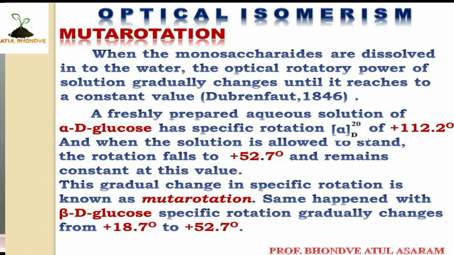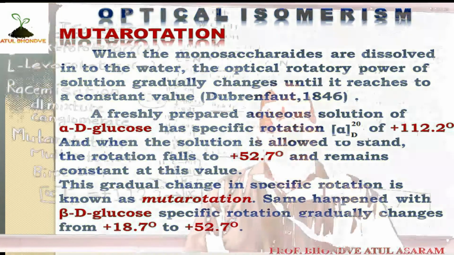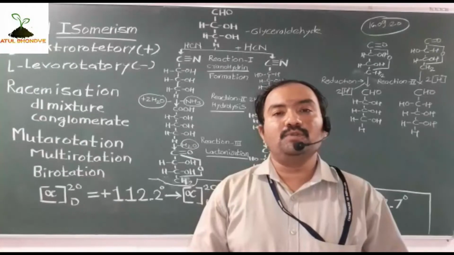Mutarotation in scientific terms means the gradual change in the specific rotatory power of a carbohydrate to a constant value.